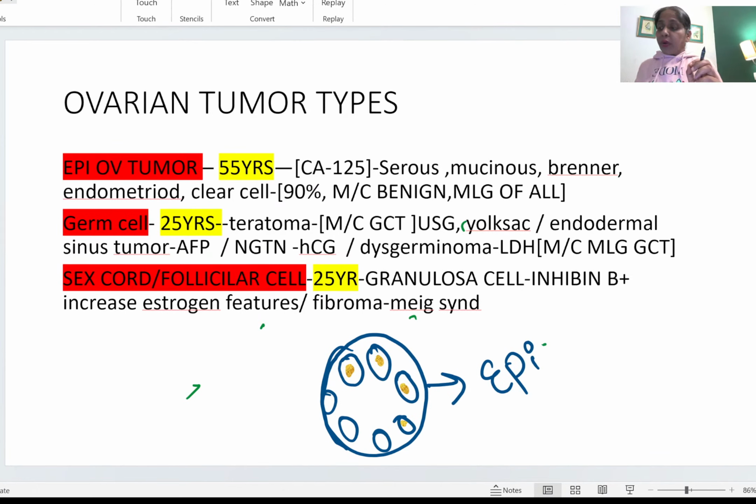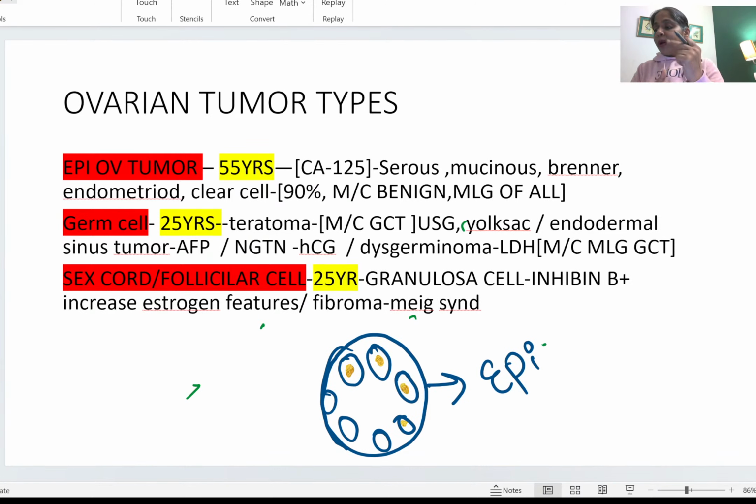Okay, now next is the epithelial ovarian tumor. They are of a different type, right? You all know the epithelium ruptures during ovulation. Then the follicle ovum comes out and goes into the fallopian tube, right? Now, on that ruptured epithelium, what growth factors act?